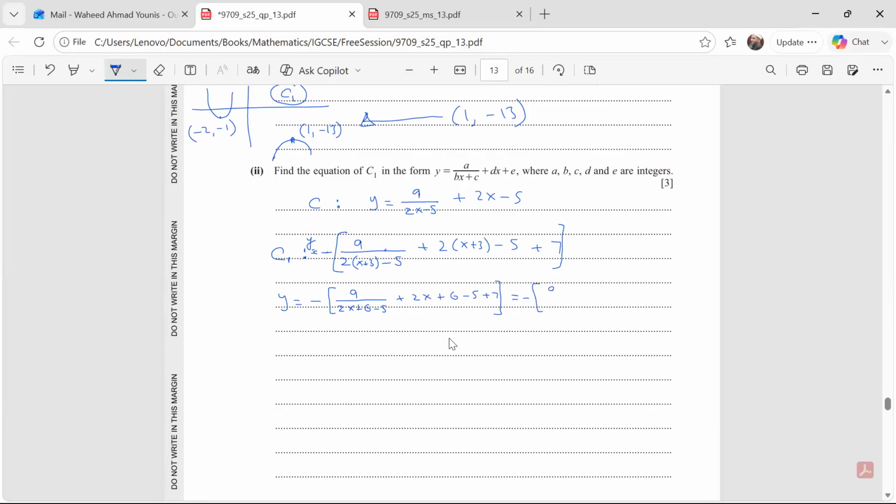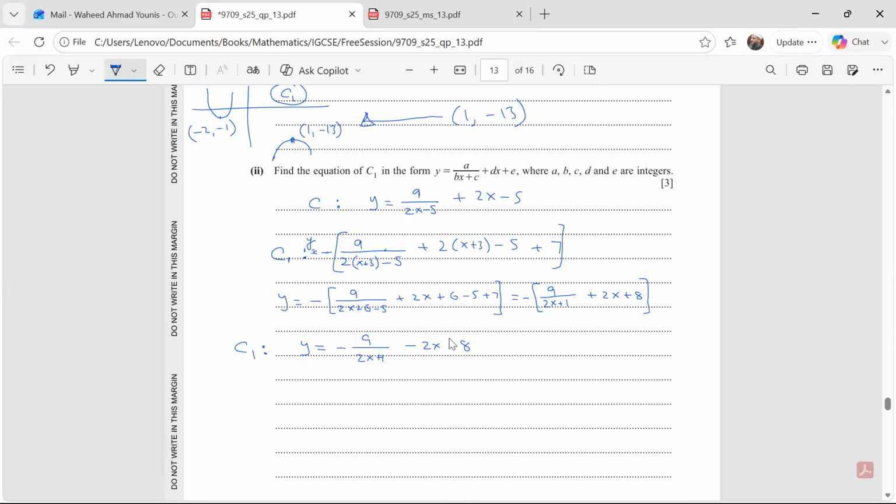Okay, so 9 over 2x plus 6 minus 5 is 1, and plus 2x, and 6 minus 5 is 1, plus 7 is 8. So this is the new equation of our curve C1: y is equal to negative 9 over 2x plus 1, and negative 2x and negative 8.